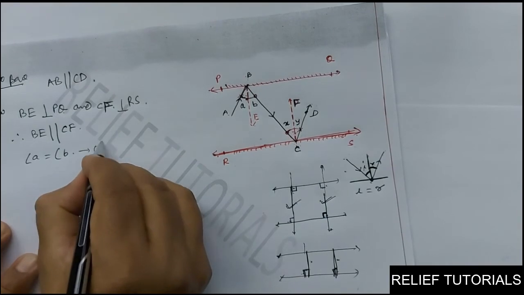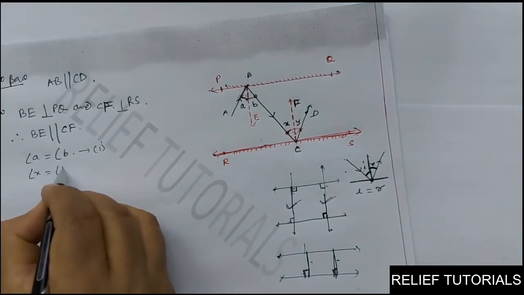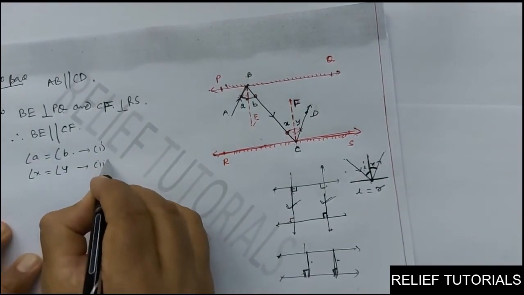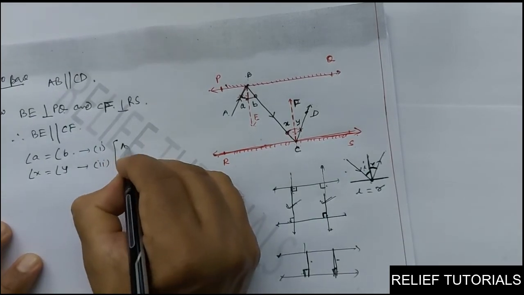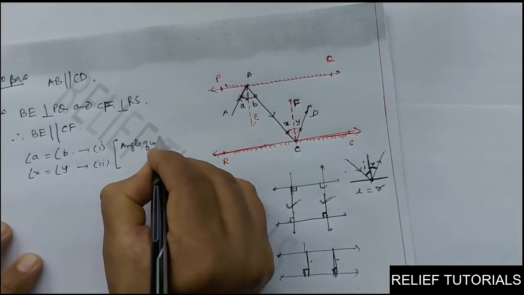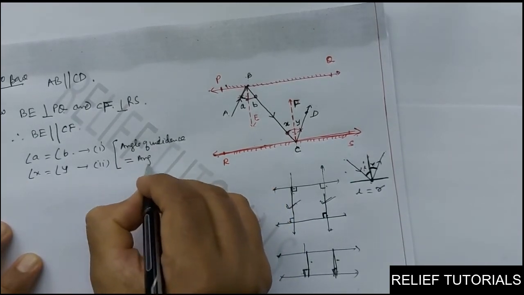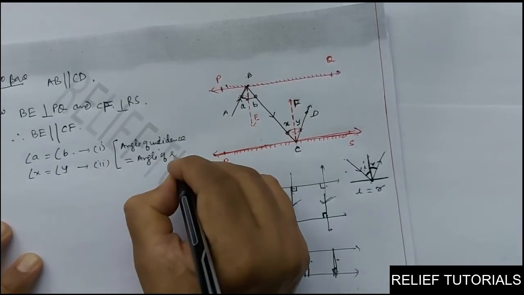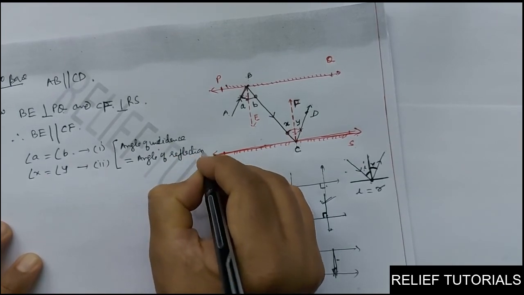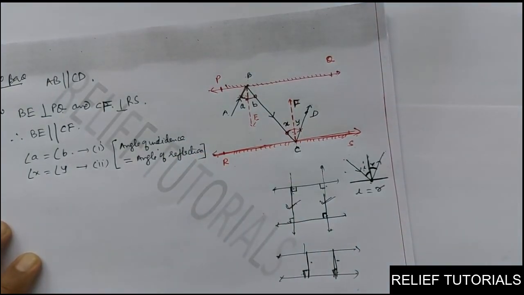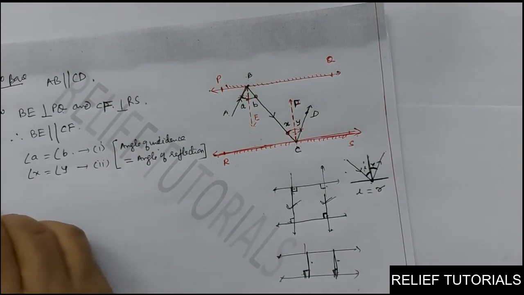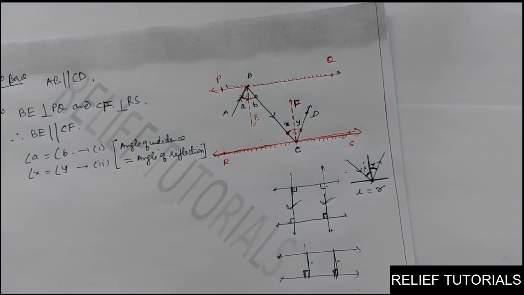This is 1. And angle X is equal to angle Y. This is 2. Reason: angle of incidence is equal to angle of reflection. So this is one concept of physics we have used.